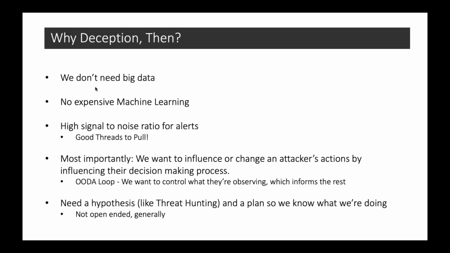We might have a new product that we're afraid could leak into our competitors' hands. We might have a problem with data loss, for example. So we want to create a deception plan around maybe an insider threat or data loss in that example.